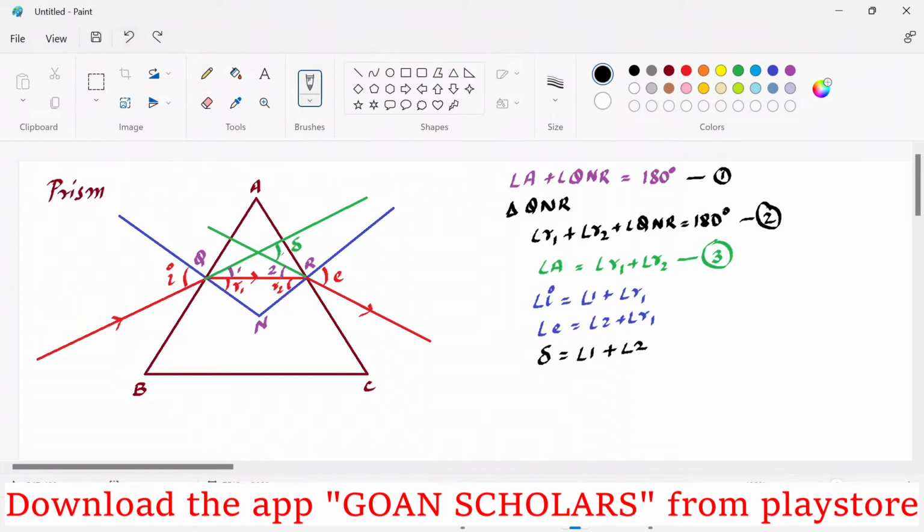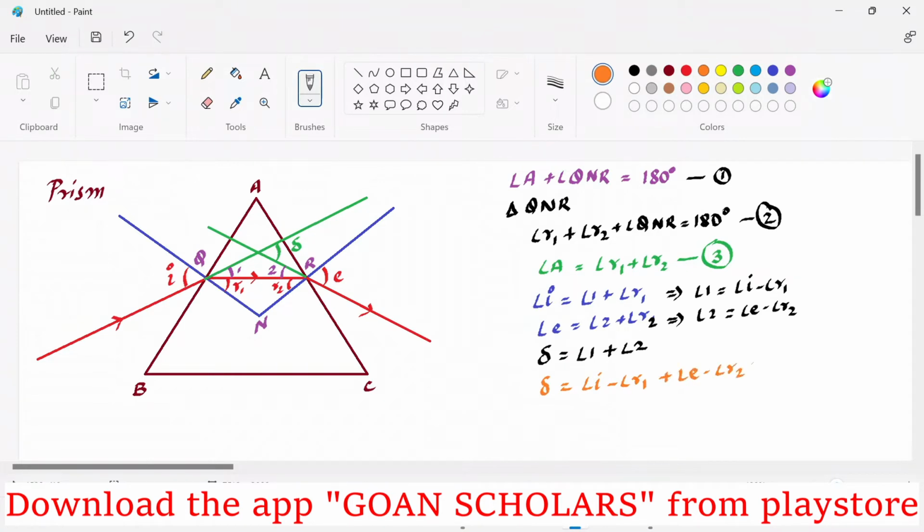Now, how can you find angle 1? From the first equation here, angle 1 will be equal to angle I minus angle R1. And from here, angle 2 is equal to angle E minus angle R2. This is R2, there is a slight mistake. Let's substitute this value of angle 1 and angle 2 here. So our delta will become equal to angle I minus angle R1 plus angle E minus angle R2.